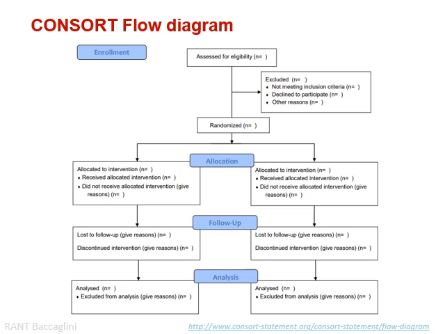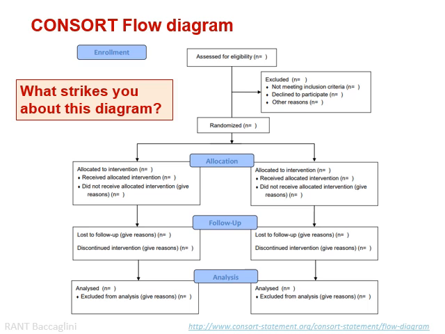Here is the CONSORT flow diagram. Take a look at that. Is there anything that strikes you about this diagram? Well, you can see that we start from enrollment, from assessed for eligibility all the way to the analysis, which means you're going to follow the participants from the very beginning.